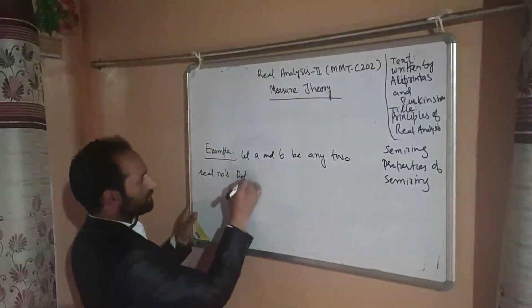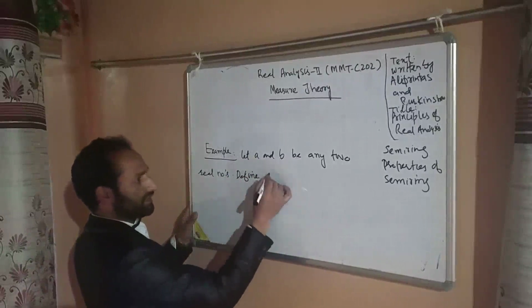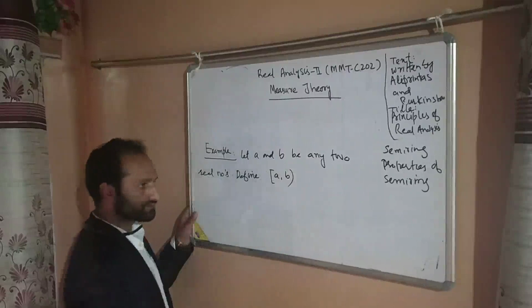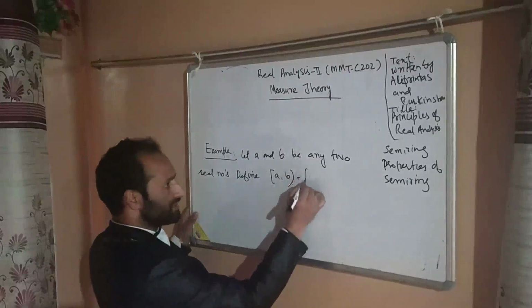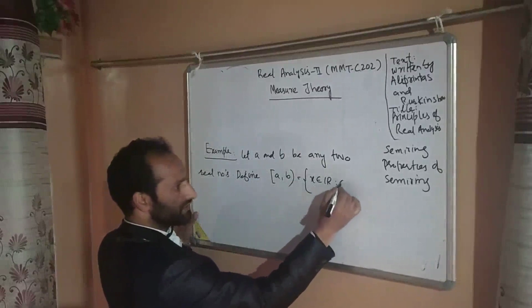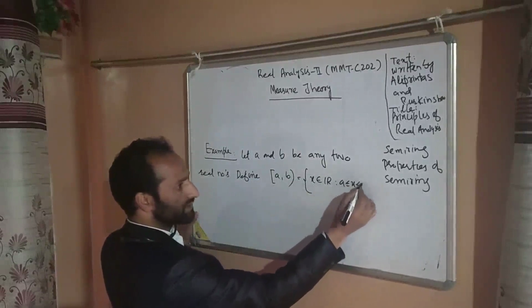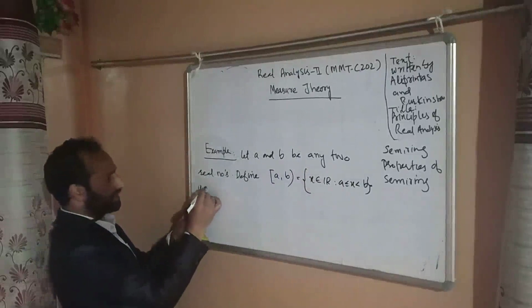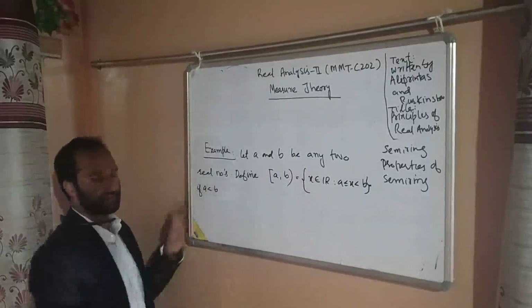Define the semi-closed interval A, B. It is equal to the set of all real numbers X such that A is less than or equal to X less than B, if A is less than B.